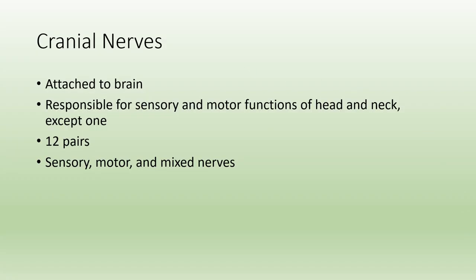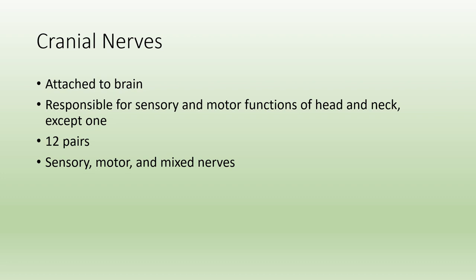Cranial nerves are attached to the brain. They are part of the peripheral nervous system, but you have to have nerves attached to the central nervous system. So they're attached to the brain, but they're not part of the brain, so they're part of the peripheral. They are responsible for sensory and motor functions to both the head and the neck, except there's only one that does extend below the neck. Some of these are sensory, some are motor, and some of them are mixed, meaning they have both sensory and motor nerves in them.